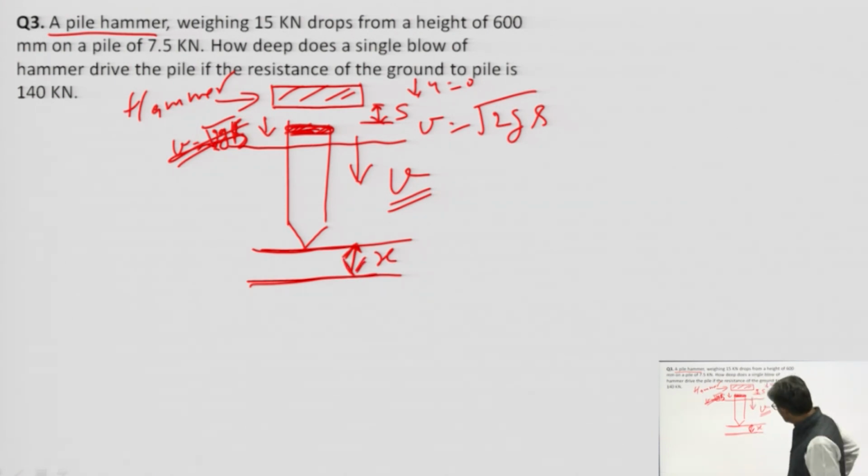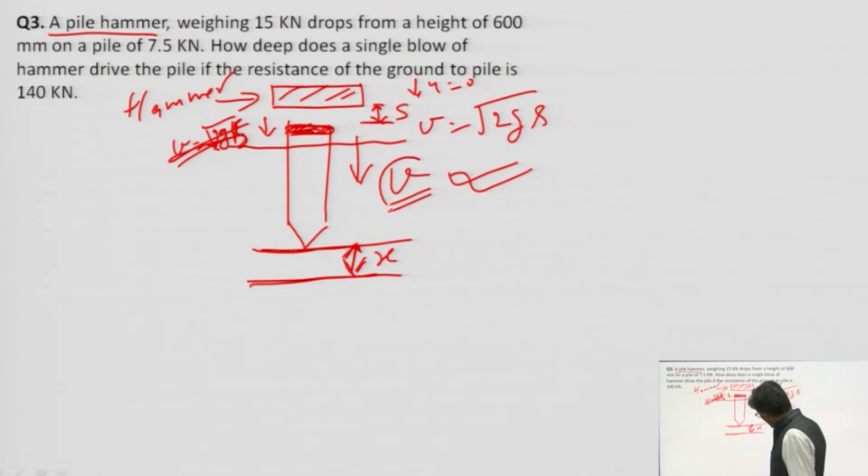In this type of question, we need to do two things. First, we apply the conservation principle to find the value of v. Then what will we do next? We will apply the work energy principle, since we have work done, to find the resistance of the earth.